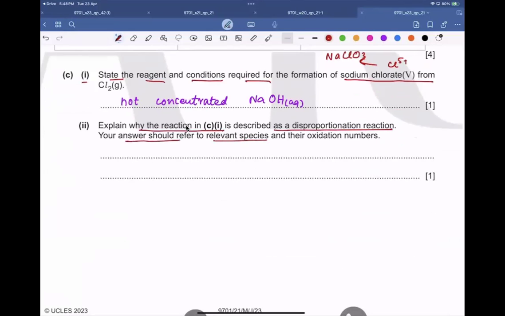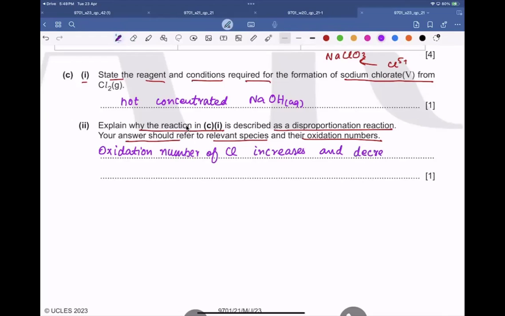Now, explain why the reaction in C1 is described as a disproportionation reaction. Your answer should refer to relevant species and their oxidation numbers. Okay, so if you recall, a disproportionation reaction is one in which one species is oxidized and reduced both. So I will write over here that the oxidation number of chlorine increases and decreases.